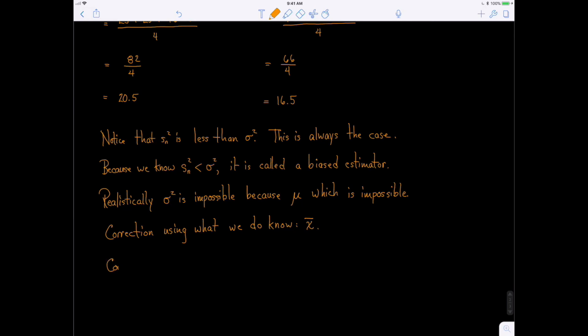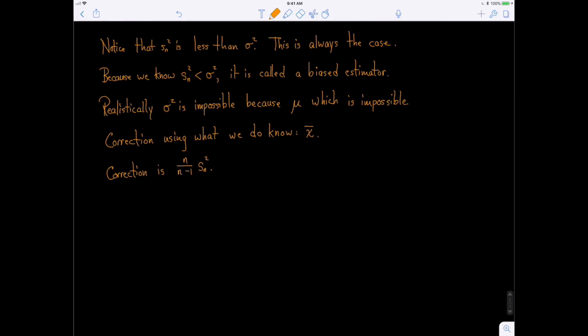And the correction is n over n minus 1 times Sn squared. Now, we're not going to make a big deal of this math, but we'll show you the result. So if I take the number n over n minus 1, and I multiply it by Sn squared, well, remember that Sn squared is the sum of x minus x bar squared divided by n.